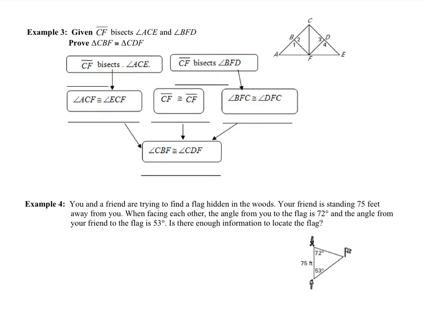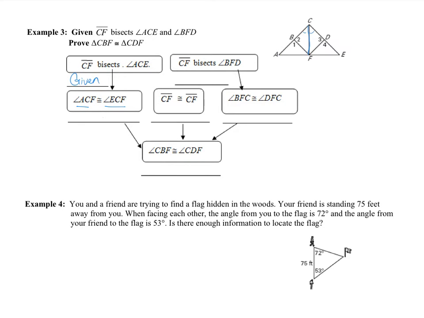And example 3, given segment CF, or side CF, bisects angle ACE, so these two angles would be congruent to each other. ACF will be congruent to angle ECF, and here I can write given.